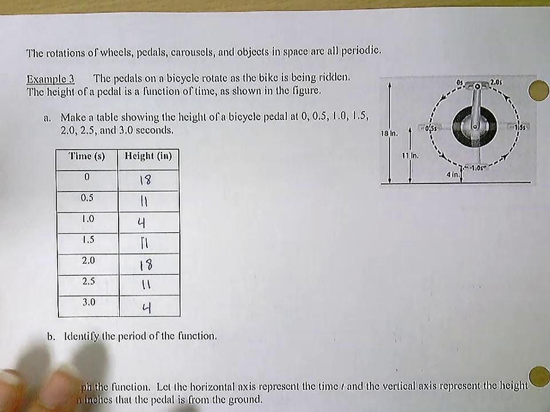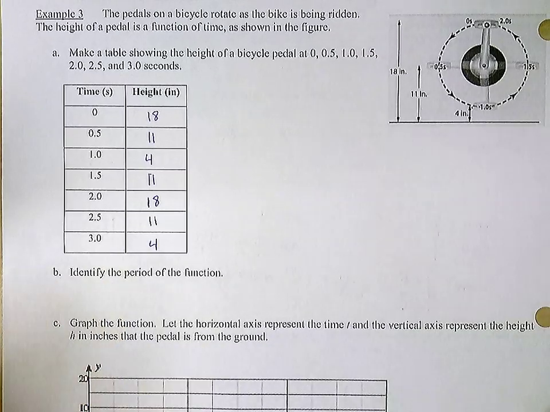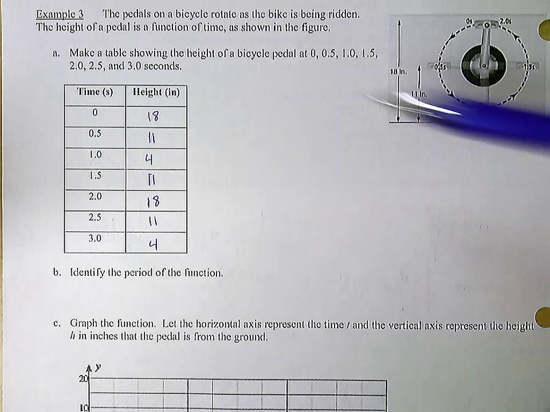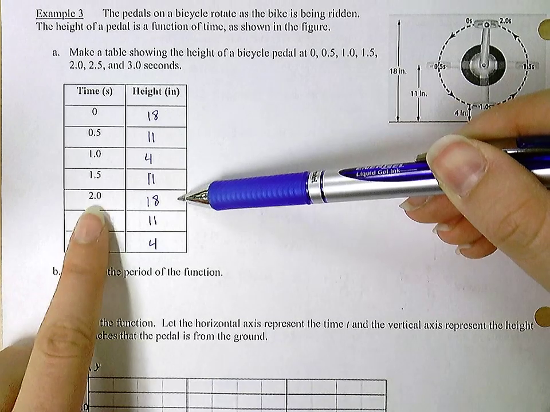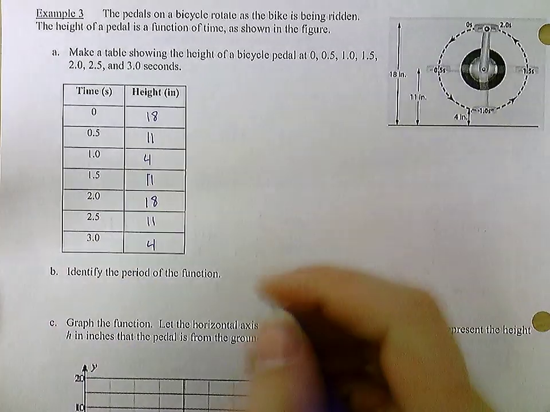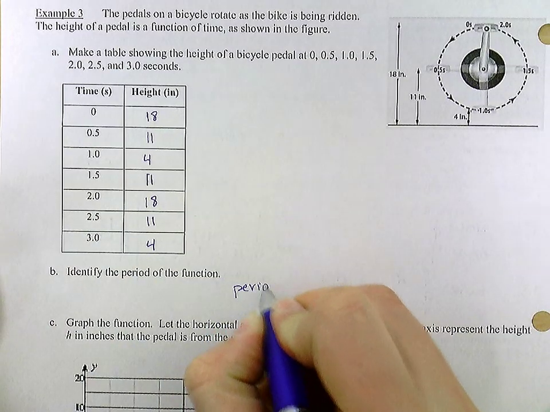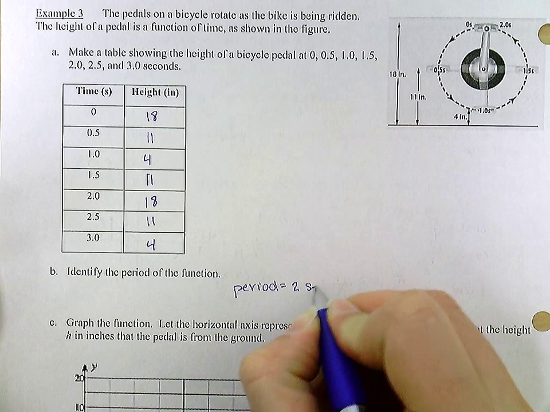In letter B, we want to identify the period of the function. So where does it start repeating itself again? At how many seconds does it start repeating itself? If I look at my chart here, at 2. So the period would be 2 seconds.